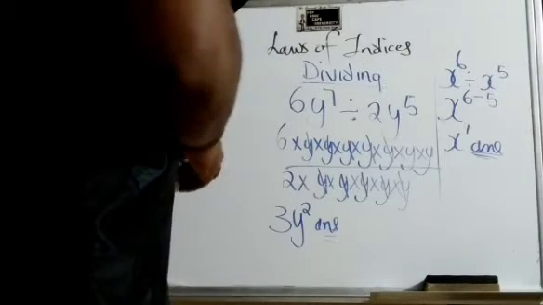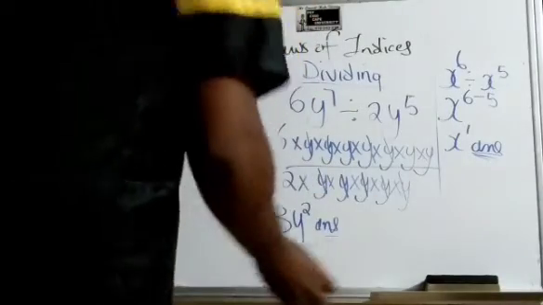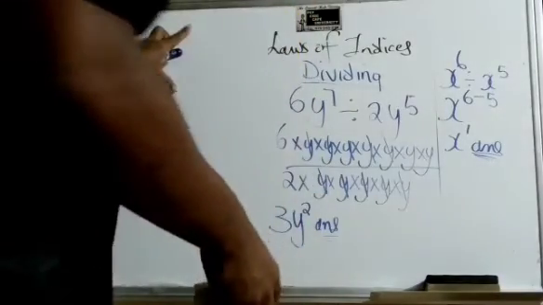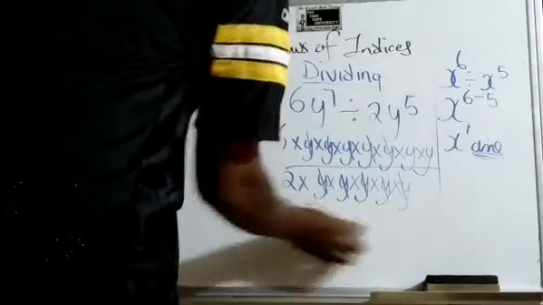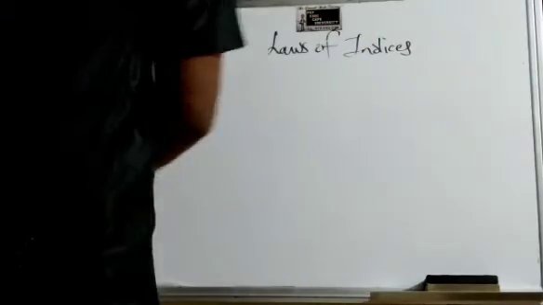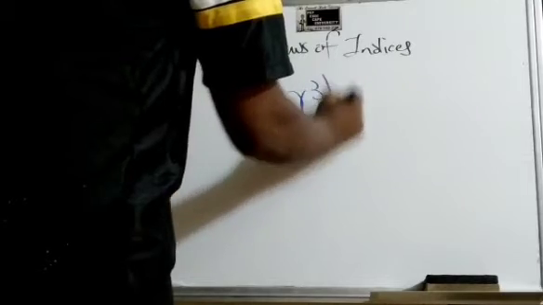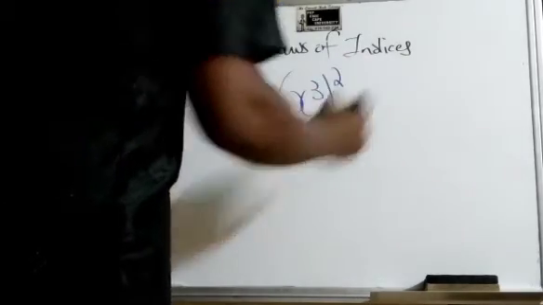Alright, we're going to look at when there's a bracket involved and it's raised to a power. Let us see, we have x to the third power, bracket, raised to the second power.